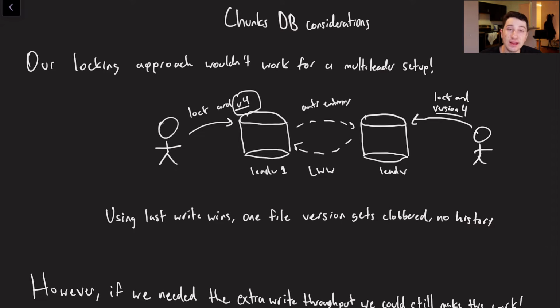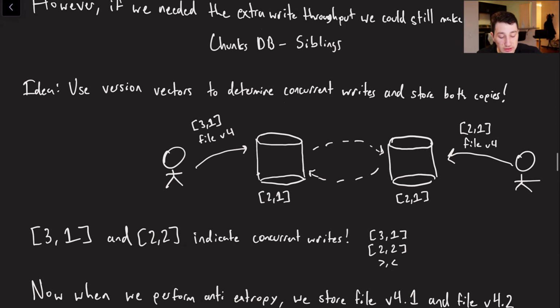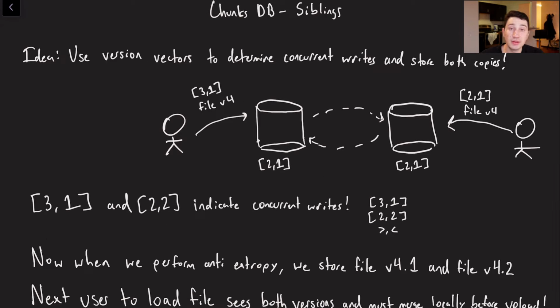So if we did really need the extra write throughput of using a leaderless replication database, we could actually still do this. I'm going to show how we might do that in a second by making use of something called siblings. Now, I've spoken about siblings a little bit in my systems design concepts videos, but the idea is that you have two writes to different leaders of the database, right?